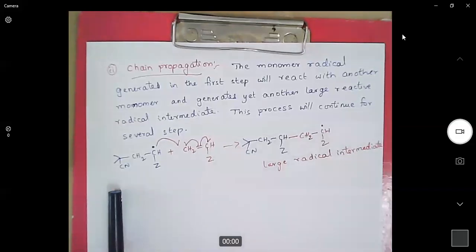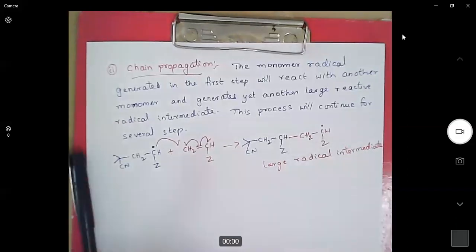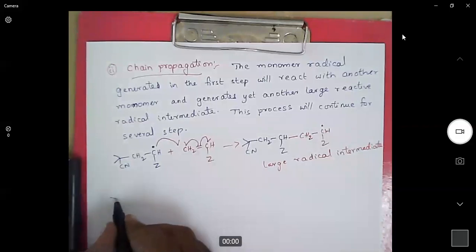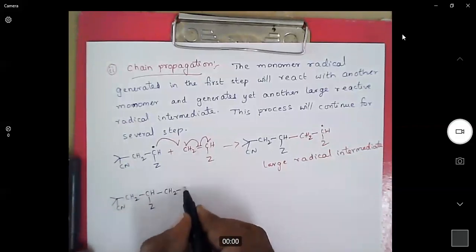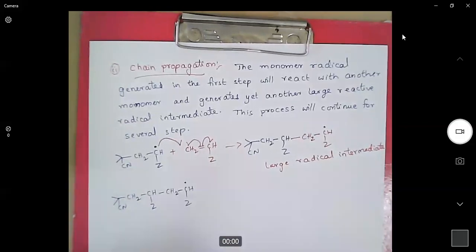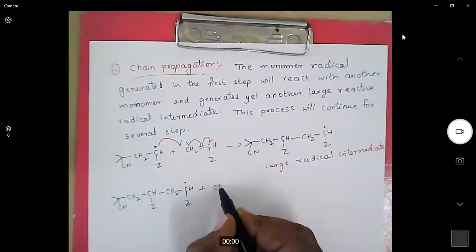It will continue for many more steps. It has to, then only the chain length will increase, right? So I'll just write one more step and you practice one more step.